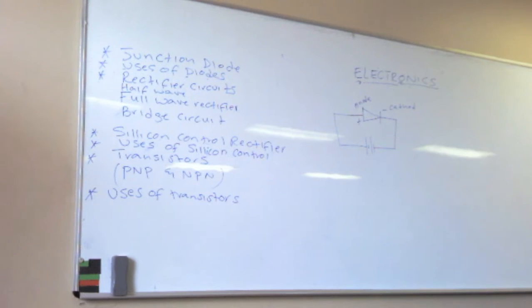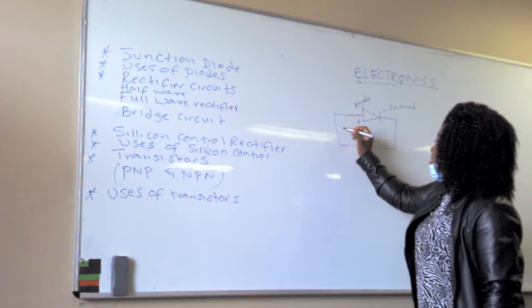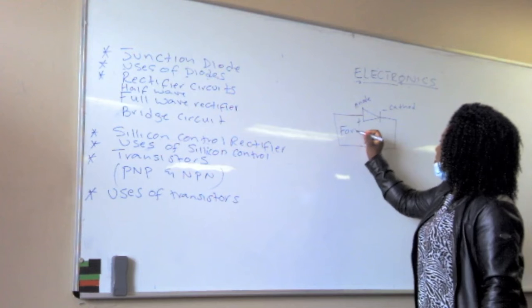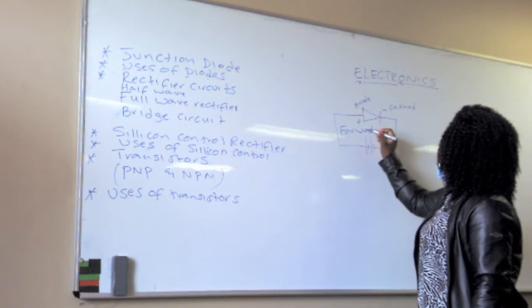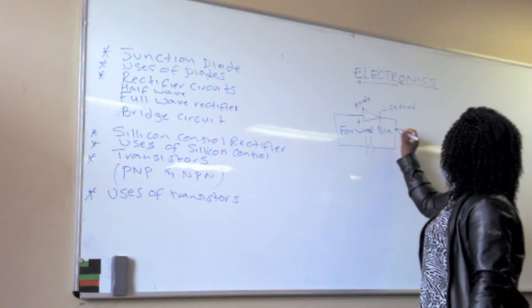It must be done like that, do not swap, because once we swap, we are putting the diode in reverse bias. The way it is connected here, this diode is in forward bias.